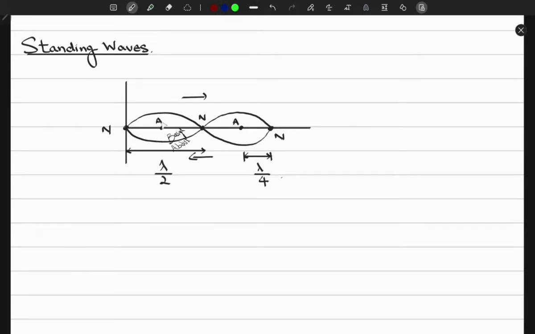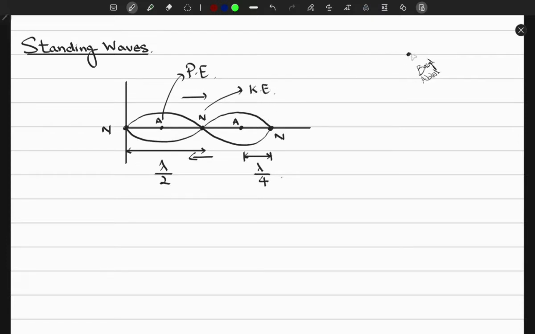And so the energy stored at these antinodes is entirely potential energy, while at the nodes, where the waves are interfering destructively, the entire energy is kinetic energy.